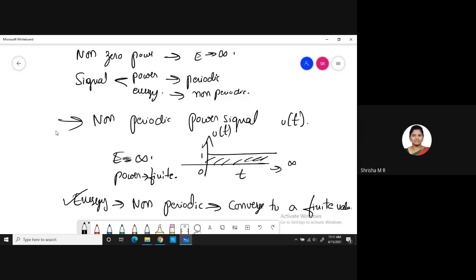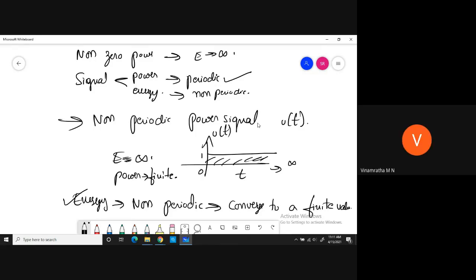For non-periodic signals we'll find energy only, whereas for periodic we find power. There is one non-periodic power signal, that is nothing but the unit step signal. Clear? Followed? Is it clear? Yes or no?